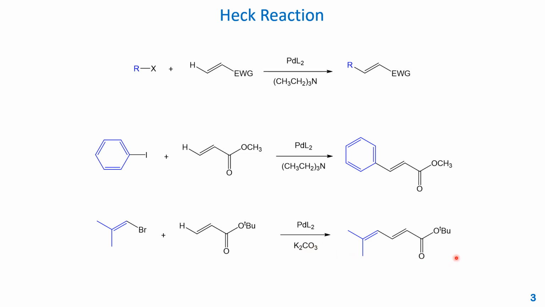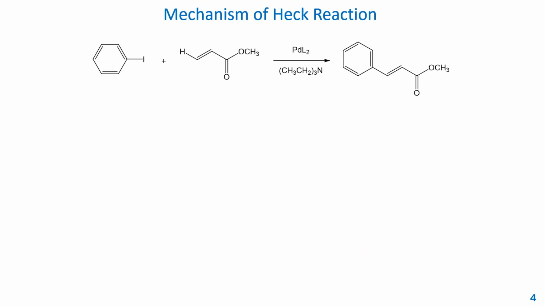And so I will use the first reaction to show the arrow pushing mechanism here. First step is similar, it's oxidative addition, or you can say insertion. The palladium will insert between this carbon and the iodine, and then this complex will react with this alkene here.